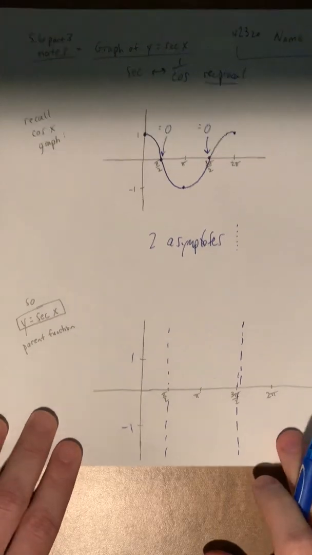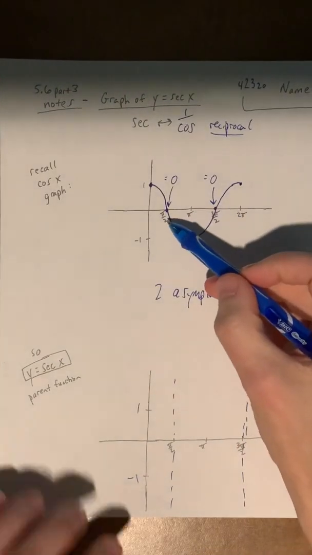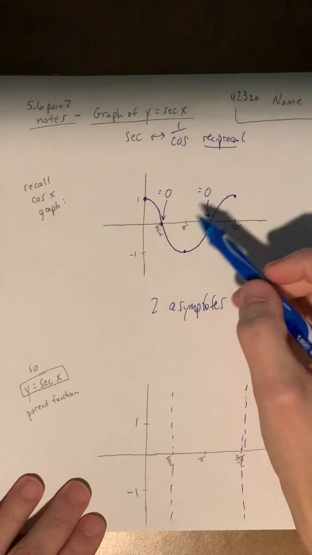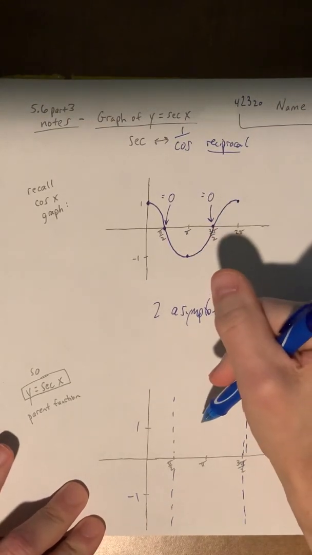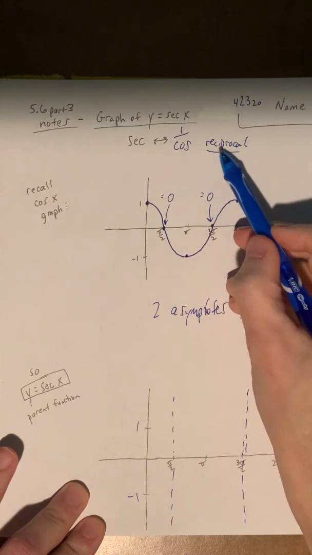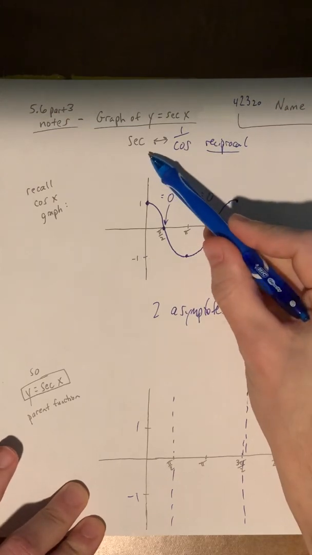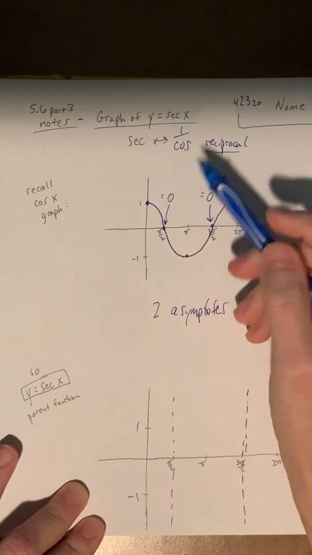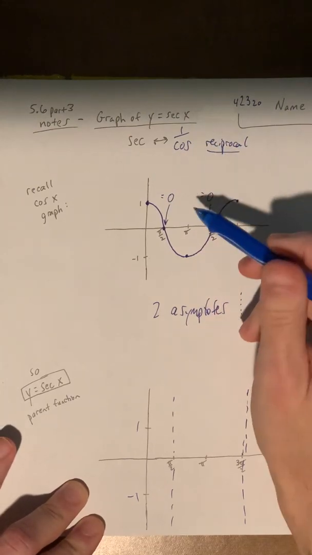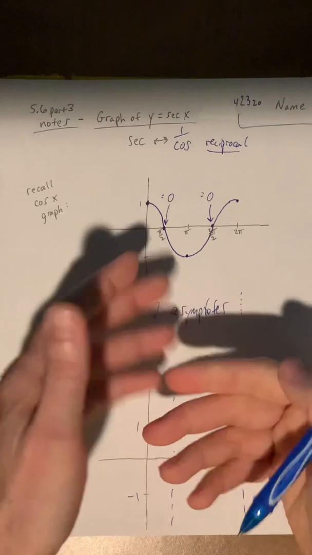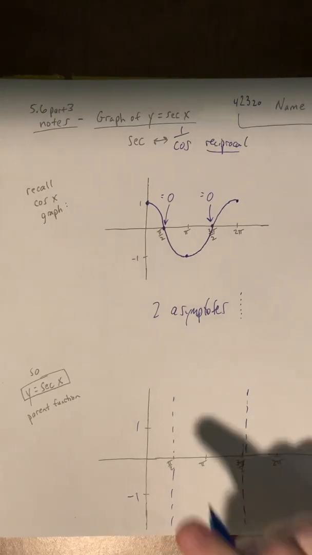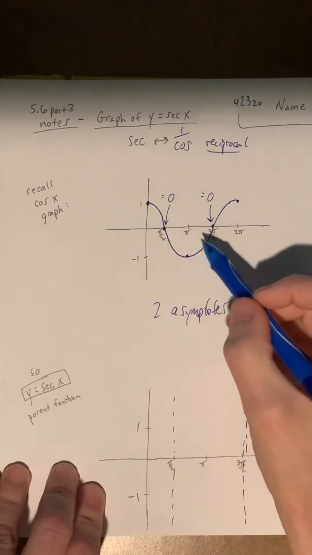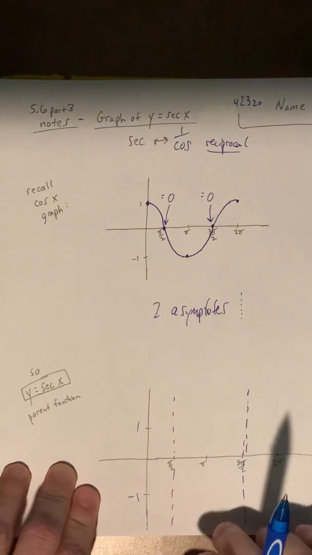All right, now, if you look at the cosine graph, we're just going to flip the parts of the graph to get the secant graph, because secant is the reciprocal or flipped version of cosine. So just like we flipped over the parts of the sine graph to get the cosecant graph, we're going to flip over these parts of the cosine graph to get the secant graph.